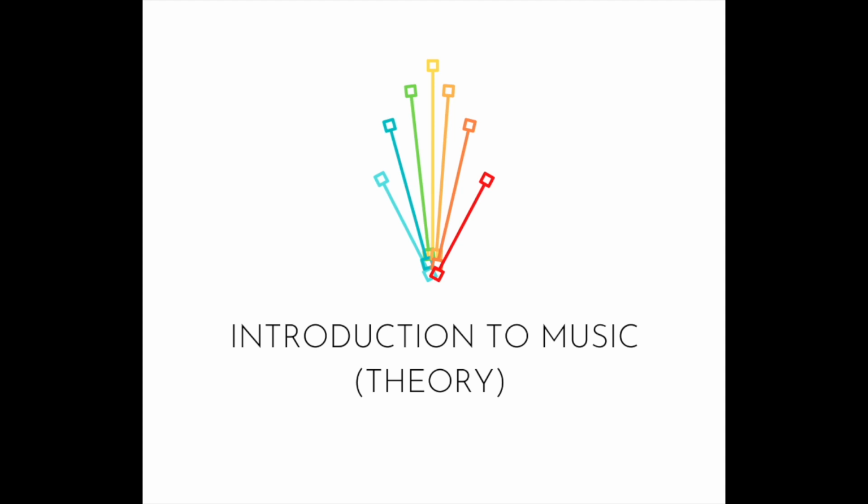G, A, B flat, C, D, E flat, F, and back to G. So B flat in G minor is the third degree, otherwise known as, what's the name we give to this scale degree, the third degree of the scale? Not the tonic or the supertonic, but the mediant. The mediant. Minor in minor scales and major in major scales, just like the 6th and the 7th.